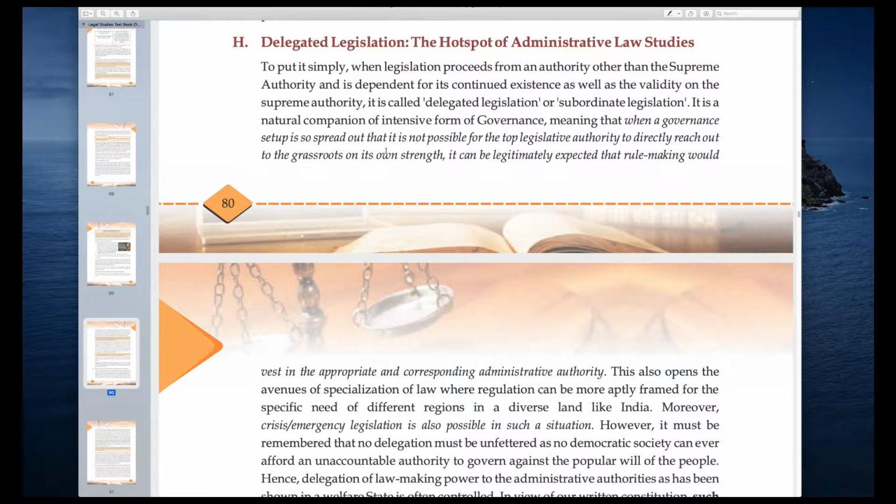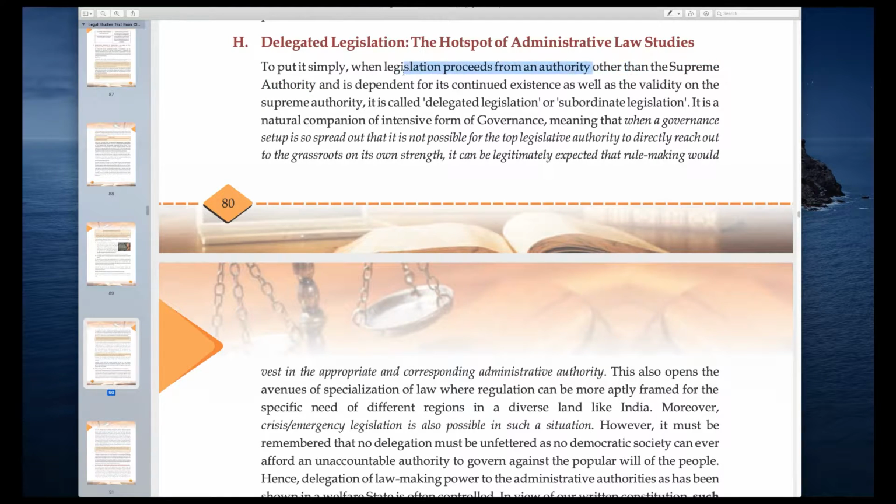So what it is saying here, we will just go through the words. To put it simply, when legislation proceeds from an authority other than the supreme authority. Supreme authority means what? That is parliament. So it is talking about the parliament, and it is saying other than that.